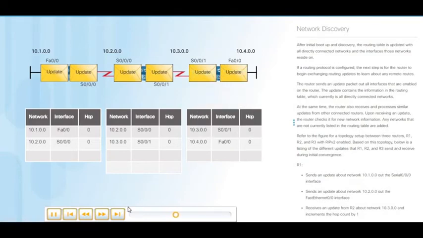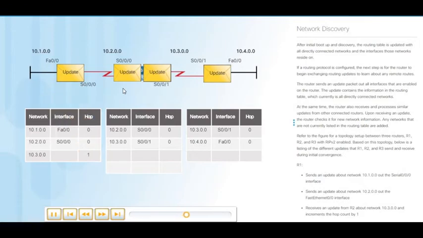So when they exchange routing information, in the first round, some of the remote networks that are not included in the original list will be added. As you can see, let's just pause that for a while. The 10.3.0 network, this one right here, was learned by R1. It came from R2.